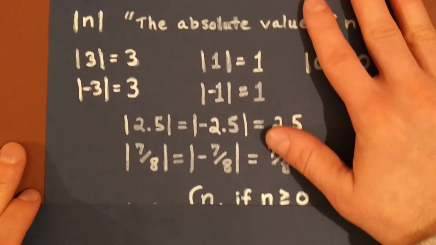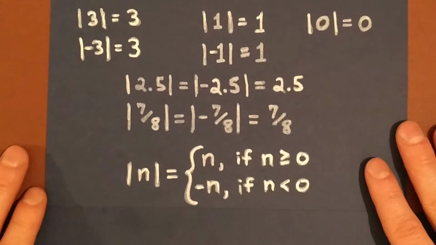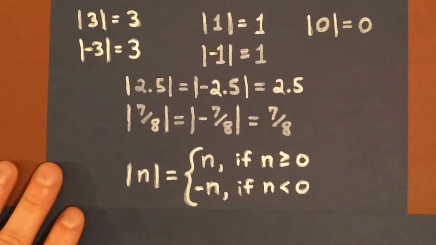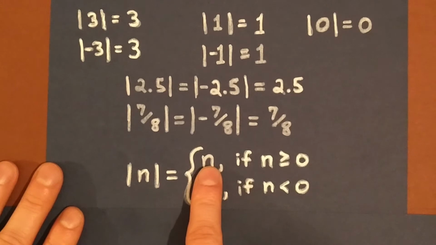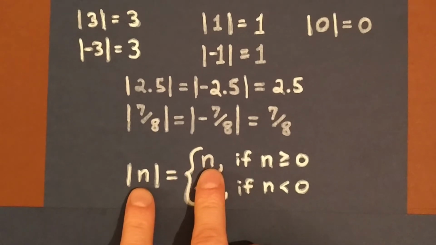So let's look at the definition. Basically what we've just said, but we can write it down in a formal mathematical way. So the absolute value of n is equal to n, it's equal to that number itself when it's positive.